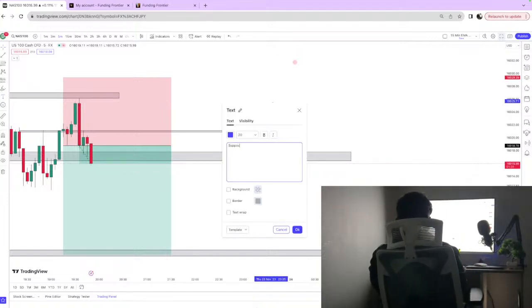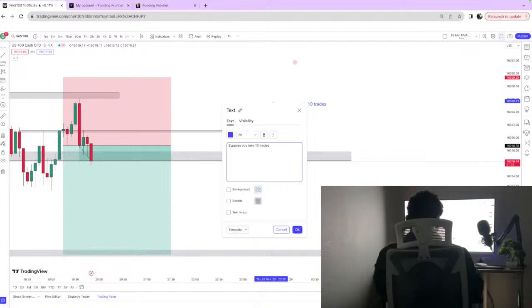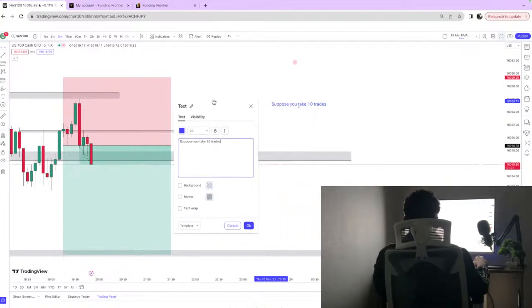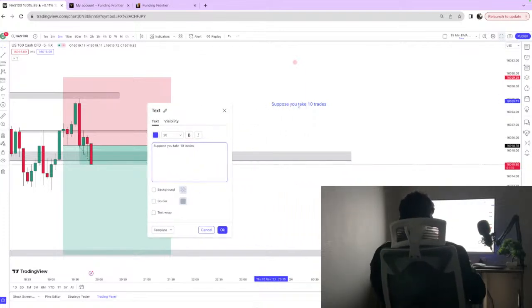Suppose you take 10 trades, okay, and your win rate is 80%, okay. So out of 10, that means 8 hit target, 2 hit stop loss, okay.